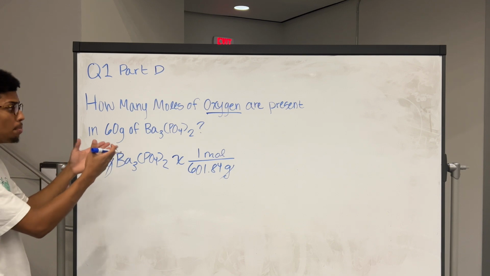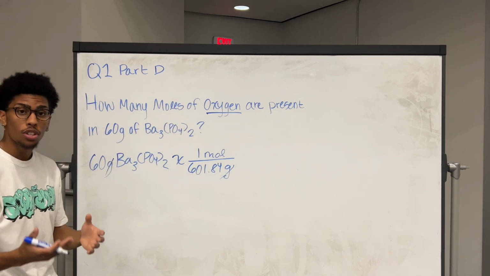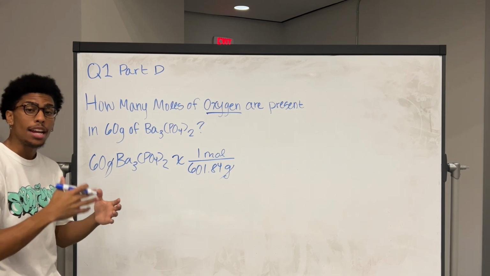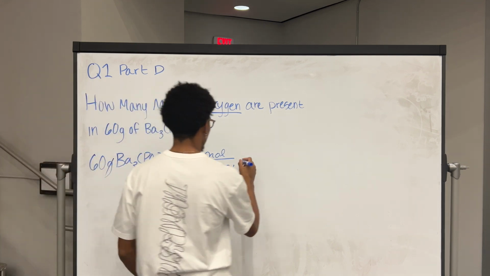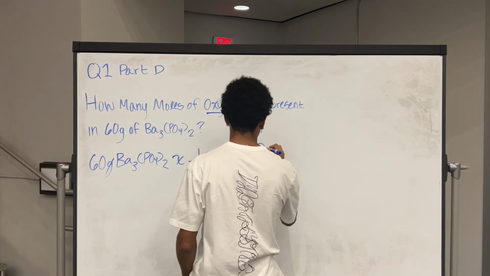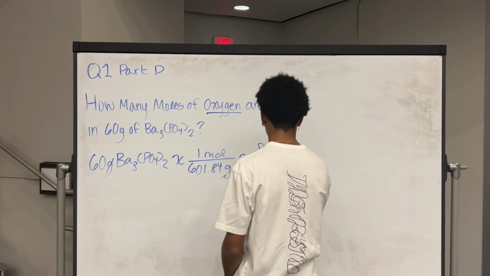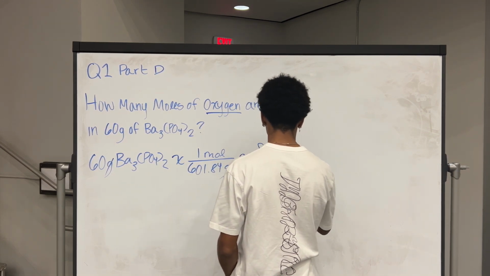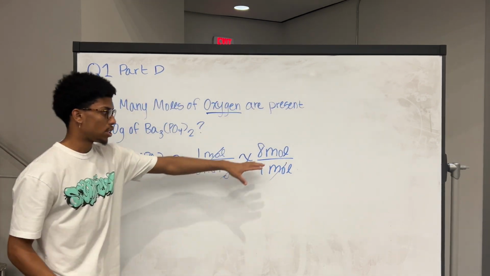So we have 8 moles of oxygen in this entire compound, meaning we can use a conversion factor of 8 moles to 1 mole of barium phosphate. So you multiply that by 8 moles to 1 mole. And so we can cancel out moles here, but our answer will still be in moles.